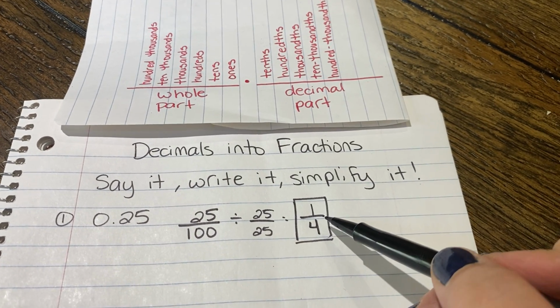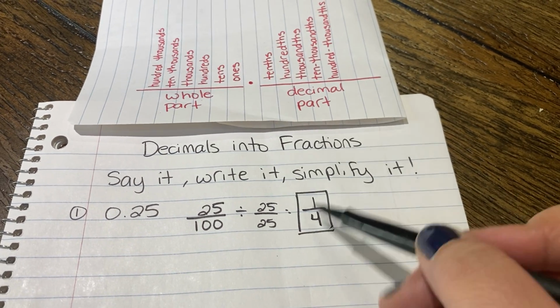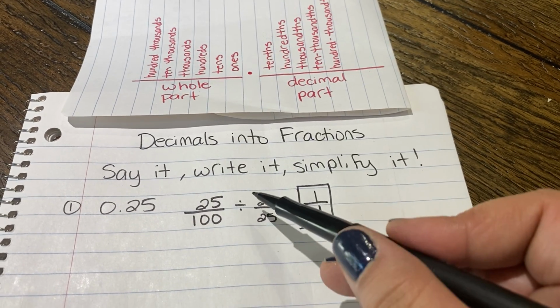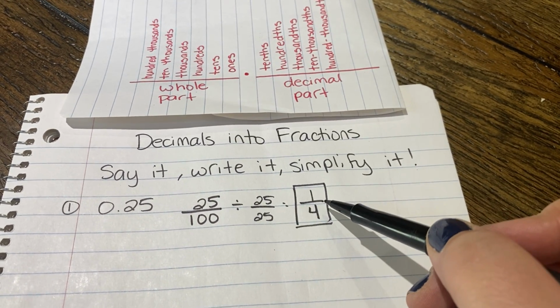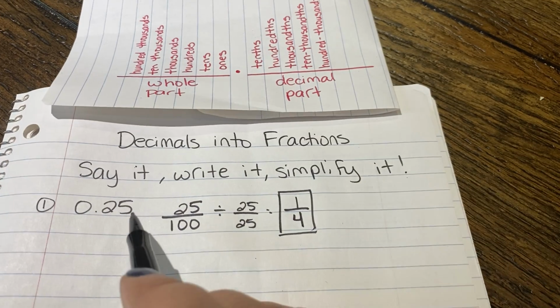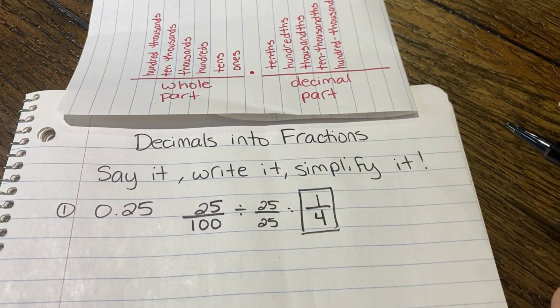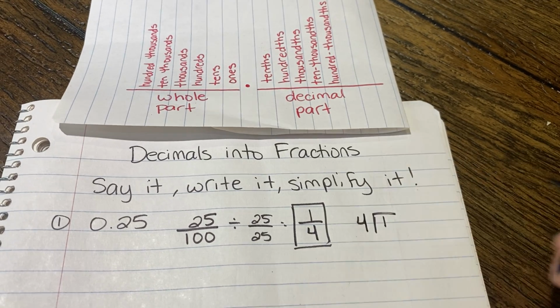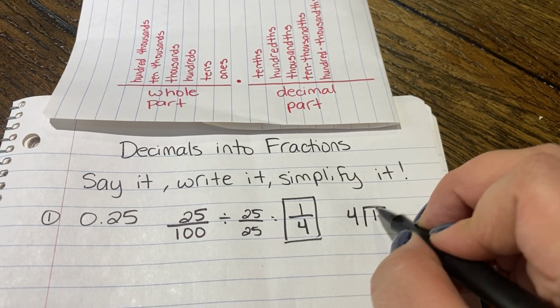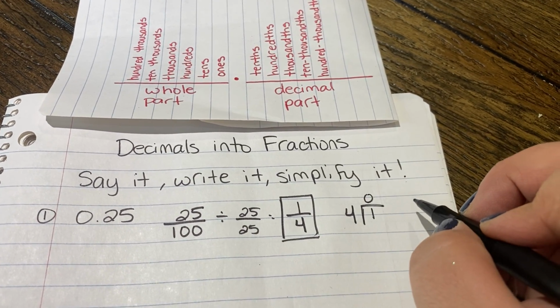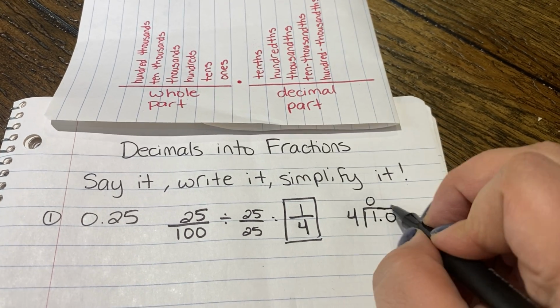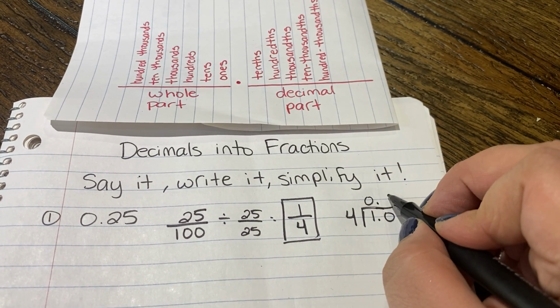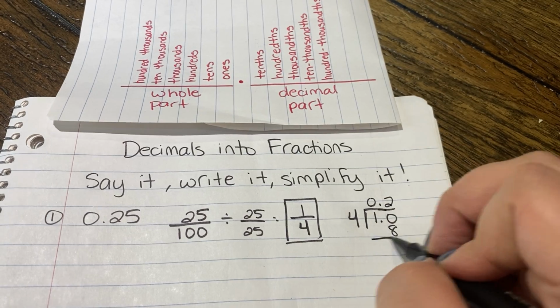One way you could check yourself, to make sure you got the correct fraction, let's say I'm not sure if I reduced correctly, is what we talked about in an earlier video: Taibou. Top in, bottom out, and do the division. 4 can't go into 1, so you put a 0, add a decimal and a 0. 4 goes into 10 2 times, which is 8.